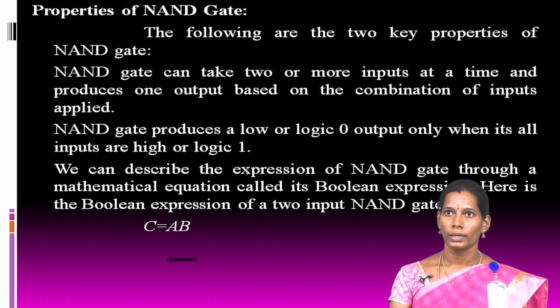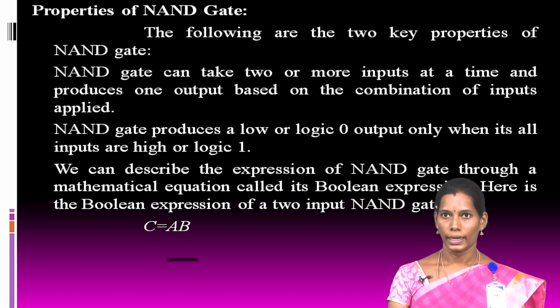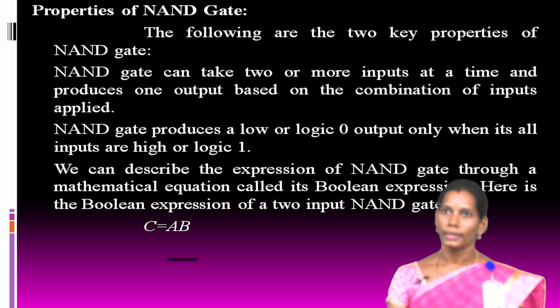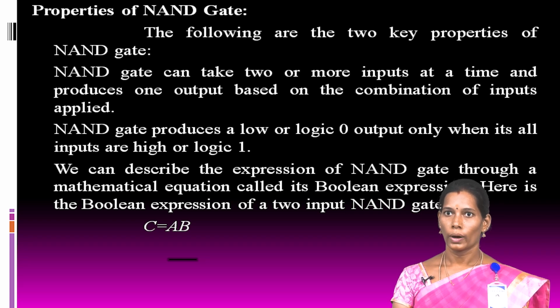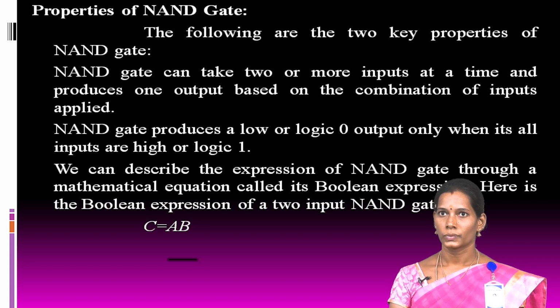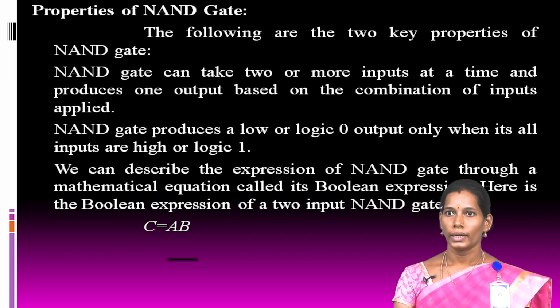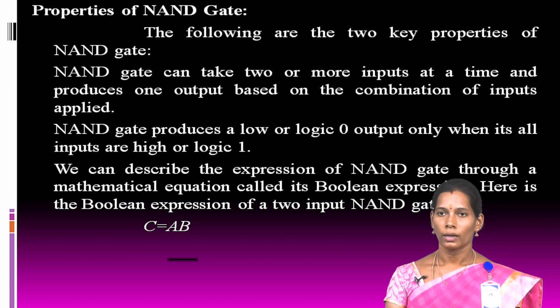Properties of NAND gate. The following are two key properties of NAND gates. First one, NAND gate can take two or more inputs at a time and produce only one output based on the combination of inputs applied. Another one is NAND gate produces a low or logic 0 output only when all its inputs are high or logic 1.